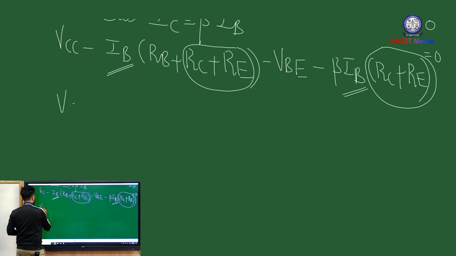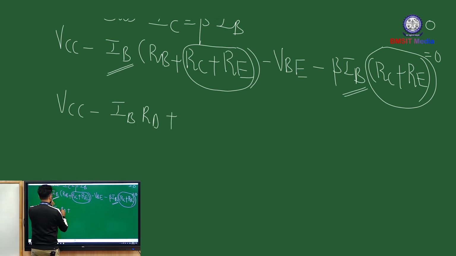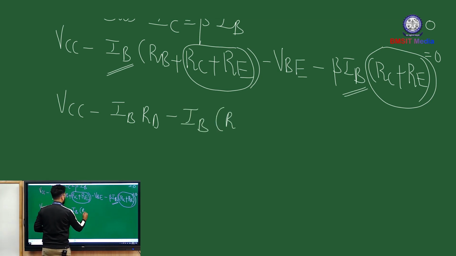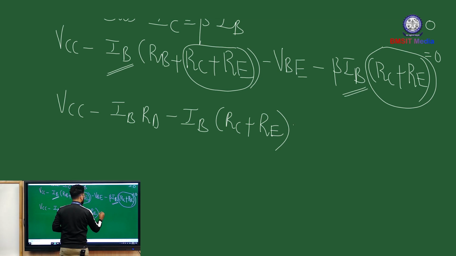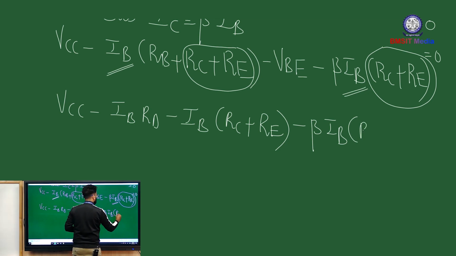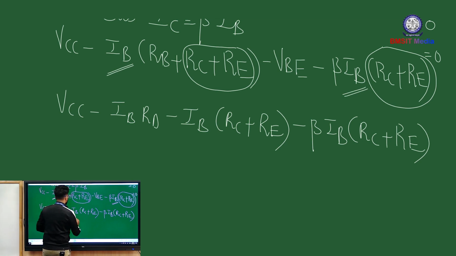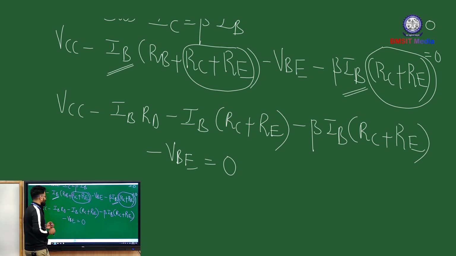Okay, so what we can do, VCC minus this, let me write IB into RB, plus, minus this, let me write IB into RC plus RE, okay, and let me revisit this term. Here I have beta IB into RC plus RE, right, and then let me write minus VBE equal to 0. I have just expanded the terms.